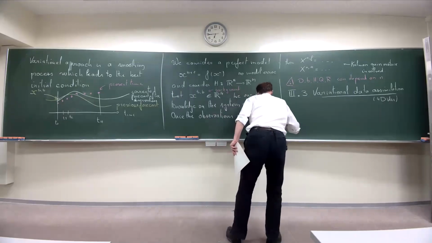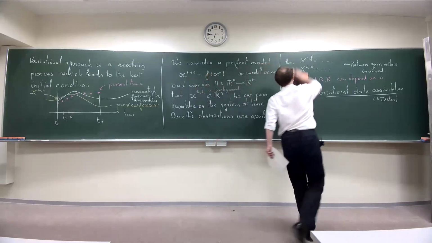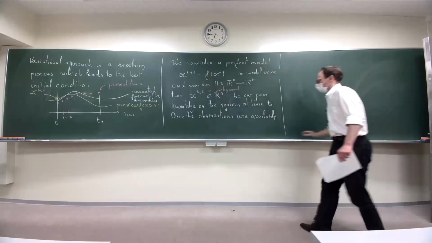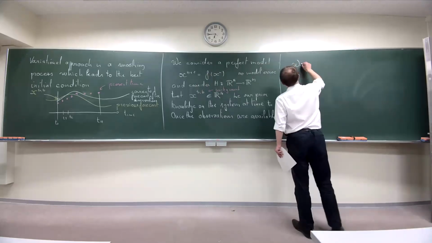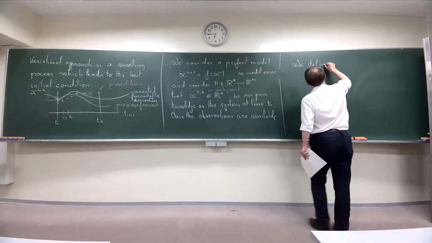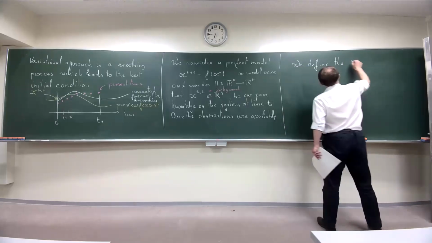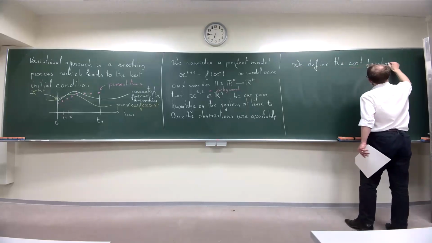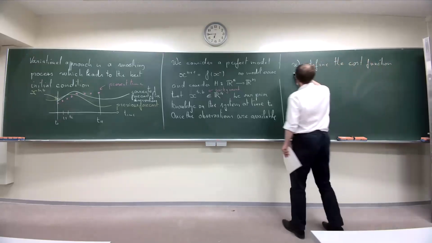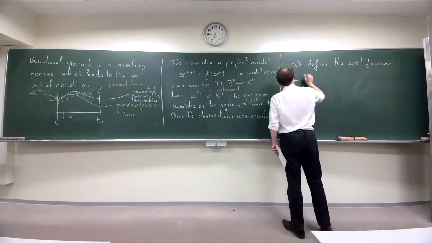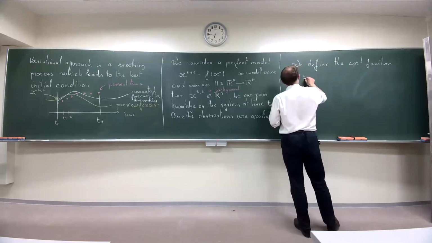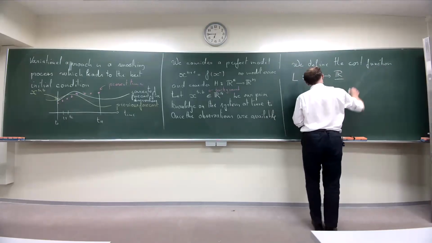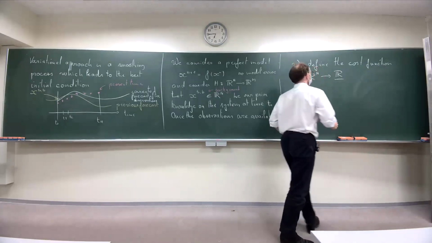we define a cost function. I introduced the notion of cost function already 2 weeks ago. It's a function L from Rn to R. What is important for a cost function? It's a real valued function.